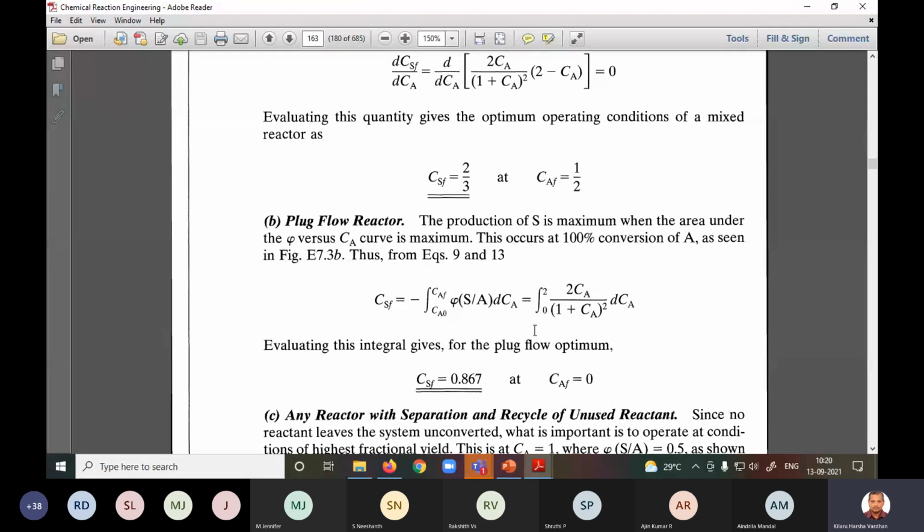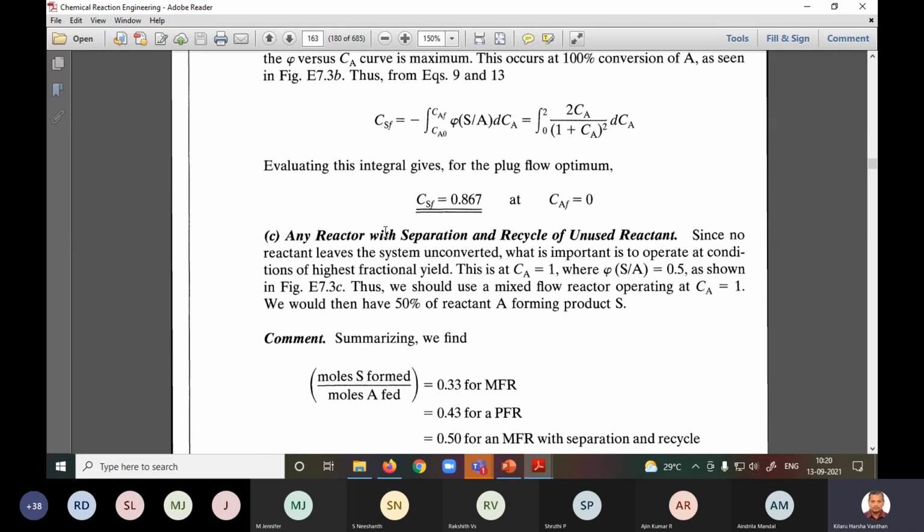So CSF is 0 to 2, then 2Ca by 1 plus Ca square dCA. We need to calculate the integral for this, and if you do that, CSF will be 0.867 at CAF is 0. CAF is 0 in the sense entire A is reacted. When the entire A is reacted, you are getting the CSF as maximum. Here you are getting only 0.6, but here you are getting 0.8.